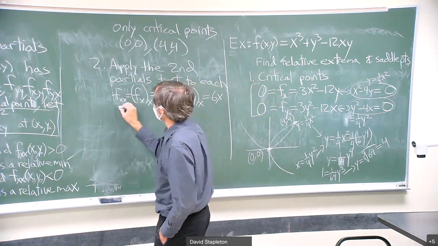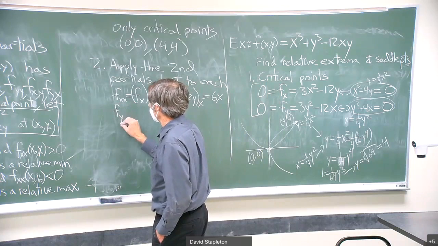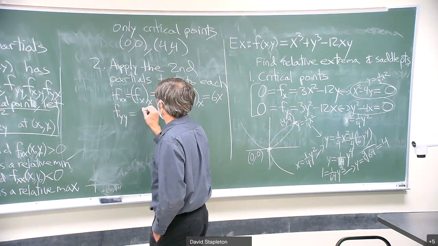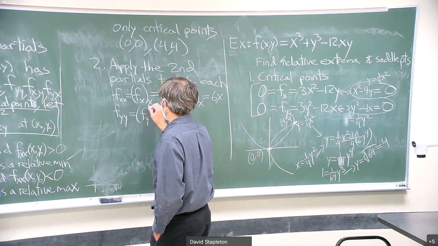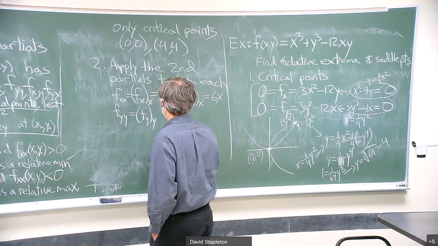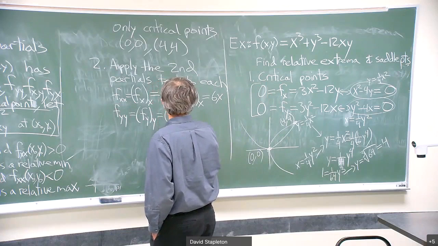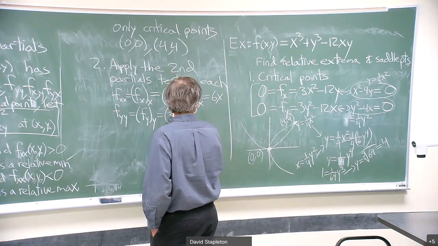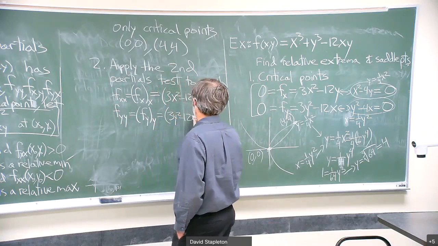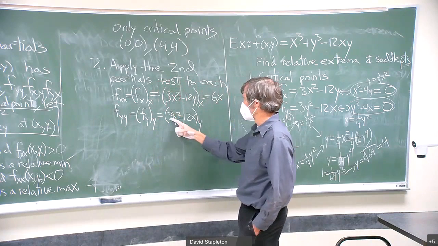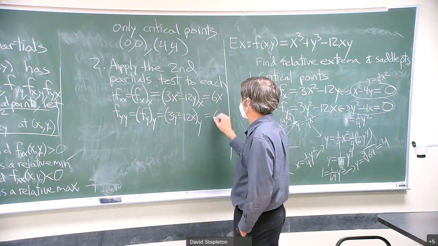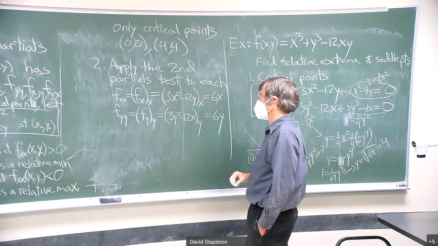And the second partial with respect to y, well, we take fy that we computed, and take partial with respect to y again. Fy was 3y squared minus 12x. We'll take partial of that with respect to y is 6y minus 0. So that's 6y.